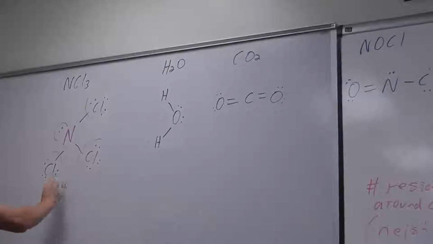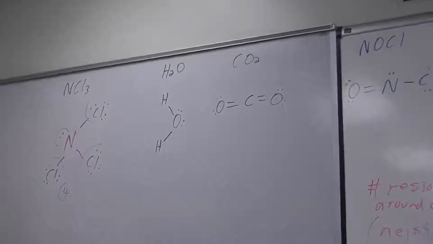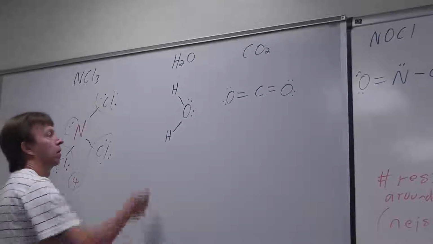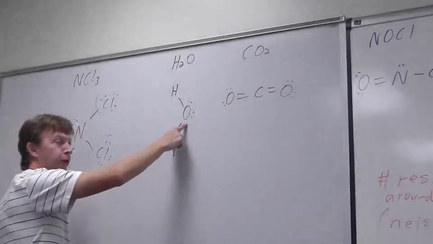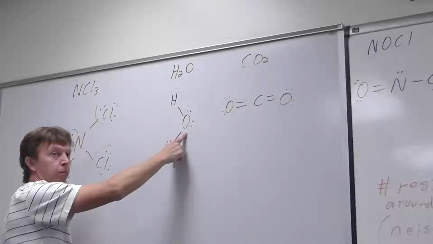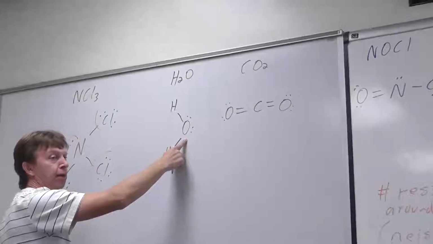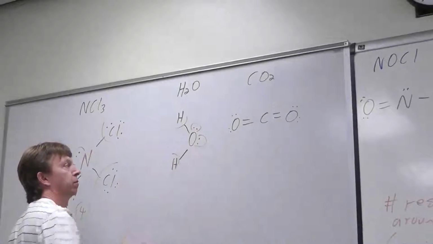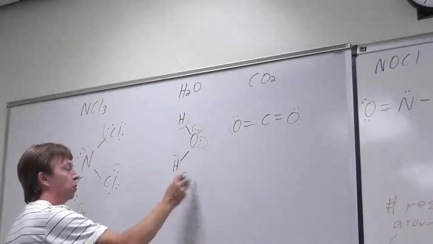Electrons are accommodated in 4 locations. How many regions of electrons on the oxygen in water? How many neighboring atoms? 2. How many lone pairs? 2. So 4 locations.